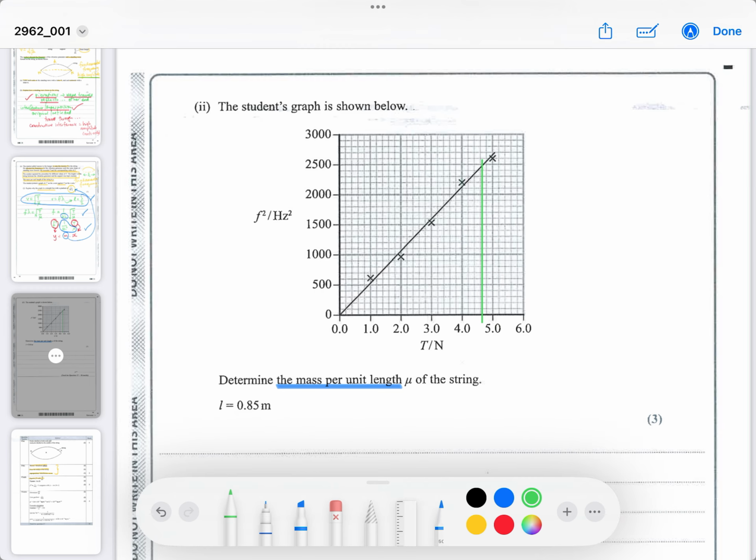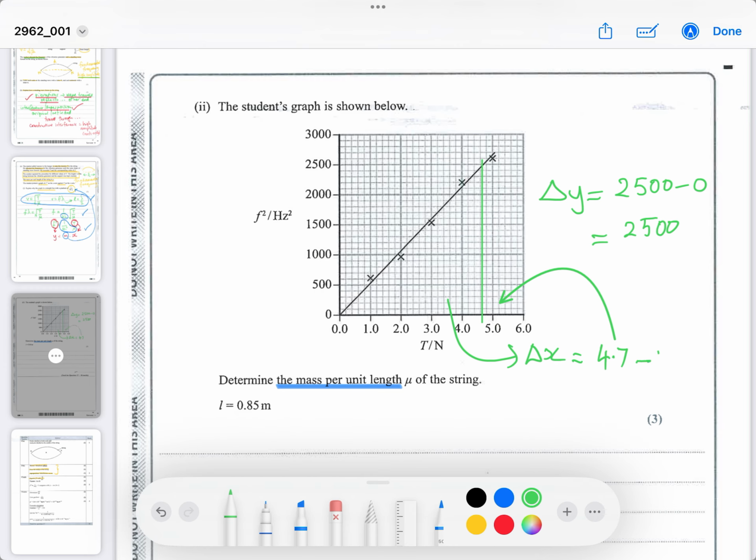Then what you should do is show that delta y equals 2,500 minus 0, which is obviously 2,500 because it's going through the origin. And over here, delta x is equal to 4.7, which is this point here, the point where it crosses.